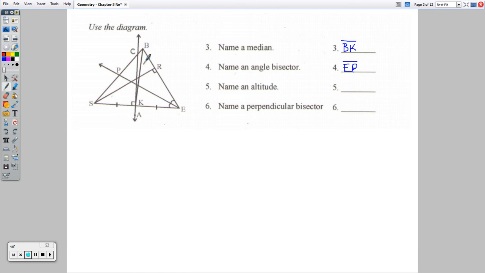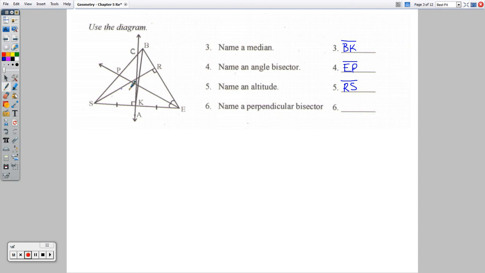KB does, but that's not 90 degrees right there. That's a little more than 90 from here to this line right here. So right here we have a point R that's perpendicular, and it connects to the opposite vertex. So that is an example of an altitude. You could say SR or RS.